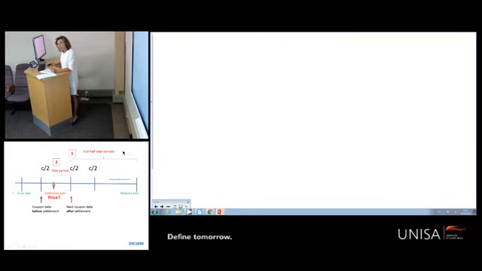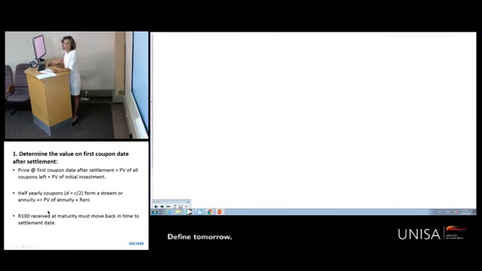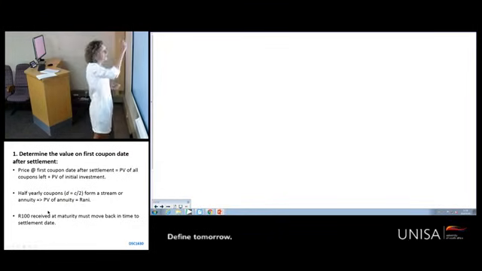Because we're first going to work with full half-year periods to get the value of our price here at number 1, which is at the next coupon date, and then we will move it back using odd period calculation to the settlement date to get to an answer. Right, so we first determine the value on the first coupon date after settlement, as I showed you.